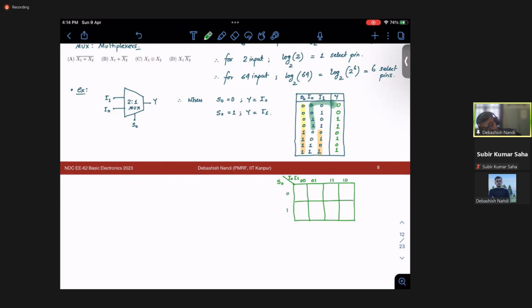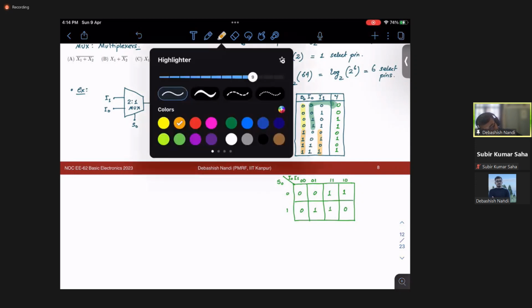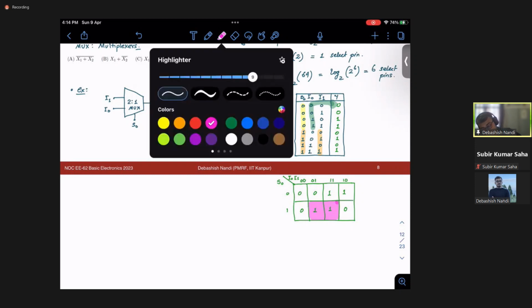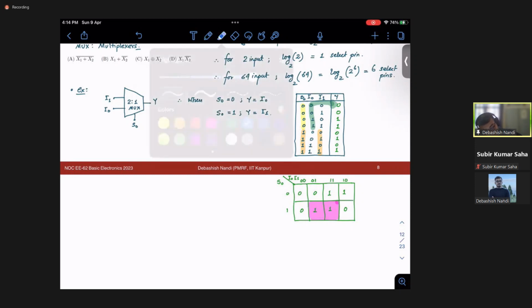So you have 0, 0, 1, 1, 0, 0, 1, 1. Then you have 0, 1, 0, 1, right? So you can simply see that you have this combination, and you have another one, this combination, right?